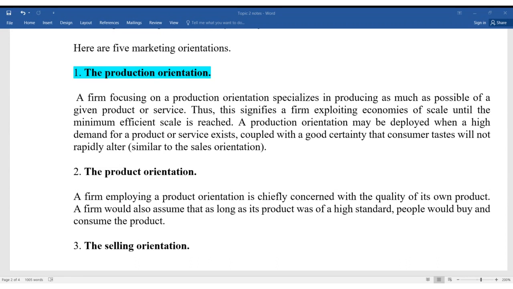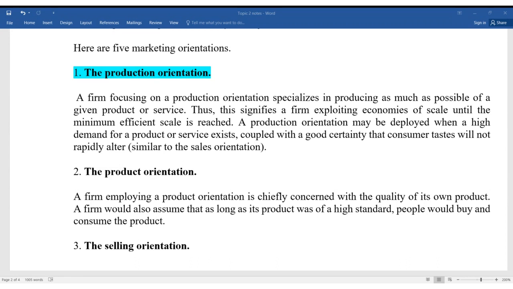So the circumstances where we apply this concept are these. One is where the company has excess capacity that they can expand production whenever they want.